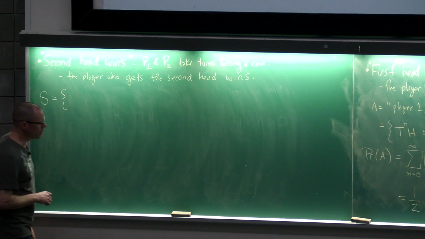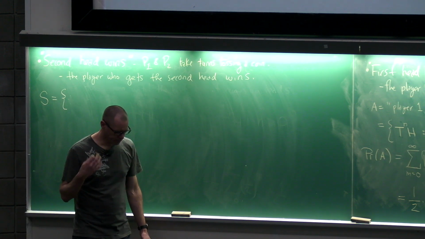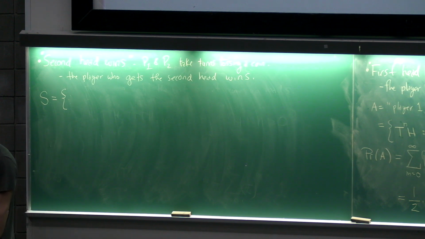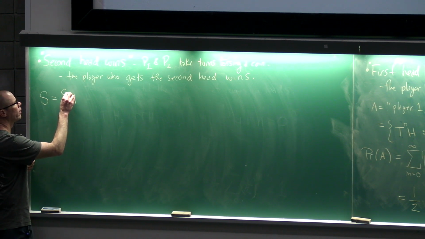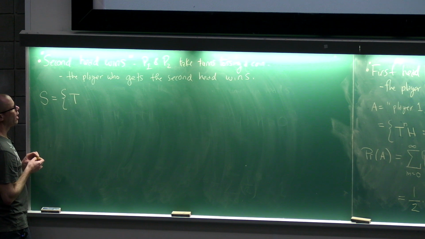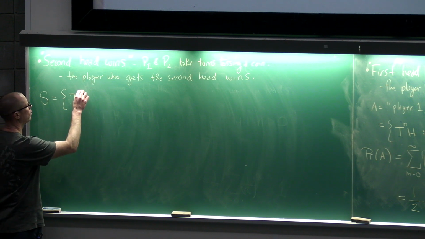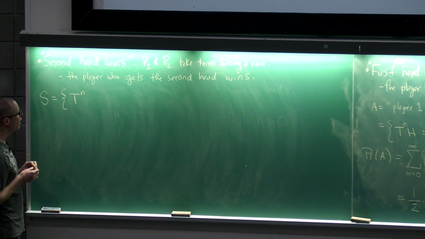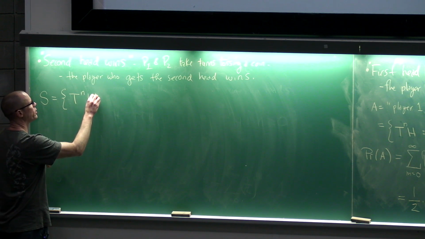I don't want to write them out the long way, but let's just think about how the game goes abstractly. The coin gets tossed for a while, coming up tails every time. Maybe n times. And then it comes up heads the first time.